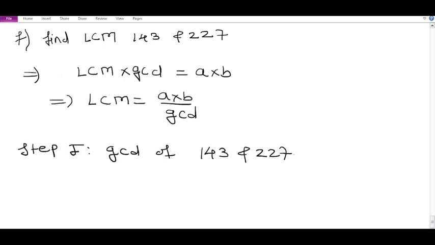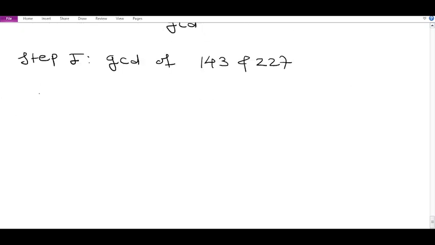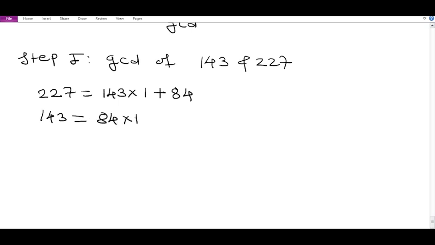Step first, divide the largest element by the smallest element. The quotient is 1, remainder is 84. Next, if we divide 143 by 84, again quotient is 1, remainder is 59.